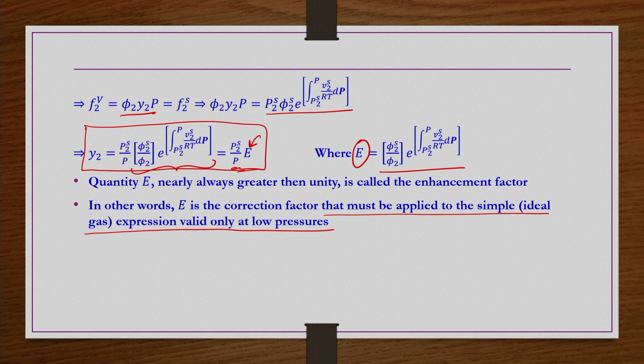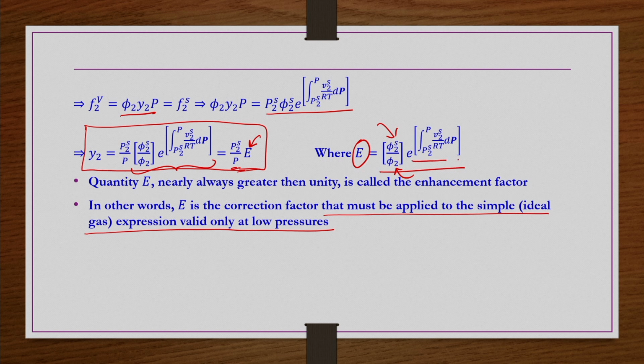So that enhancement factor brings in all those correction factors because of taking the conditions away from the ideal gas behavior. Because of that, whatever non-ideality is there, all those terms are clubbed together, including phi2S. Phi2S indicates what? Whatever the non-ideality is in the saturated vapor phase, and then phi2 is whatever the non-ideality is in the vapor phase itself, not under the saturation condition, but the vapor phase that we take.